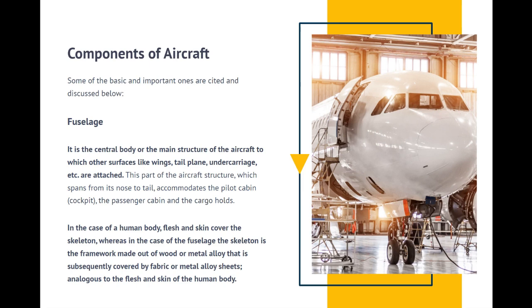In the case of a human body, flesh and skin cover the skeleton, whereas in the case of the fuselage the skeleton is the framework made out of wood or metal alloy that is subsequently covered by fabric or metal alloy sheets, analogous to the flesh and skin of the human body.